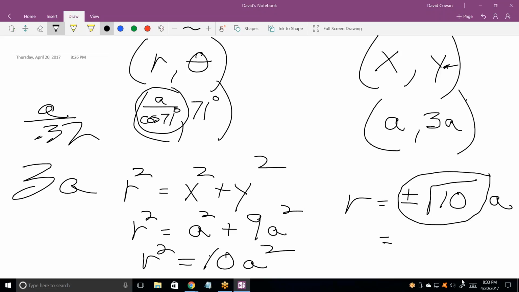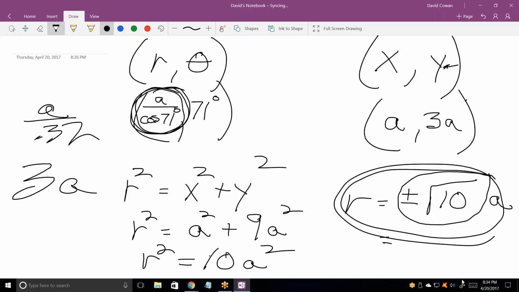So I could have solved it using either technique, and notice that neither one of them solves for r. It just gives you r as a function of a, which I can get either this way, easier maybe, than this way. Same answer though. Okay, what else?